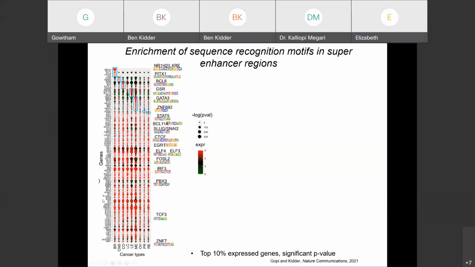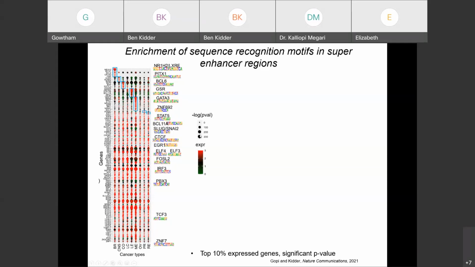Okay, so the TF is on the y-axis, the cancer type is on the x-axis, and what each of these circles is representing is the expression of a TF in that specific cancer type or cell line, indicated by the green to red coloring. So if it's red, it means that specific transcription factor is expressed at a higher level. So there's a correlation between the actual expression of the TF and the motif being present in that super enhancer region.